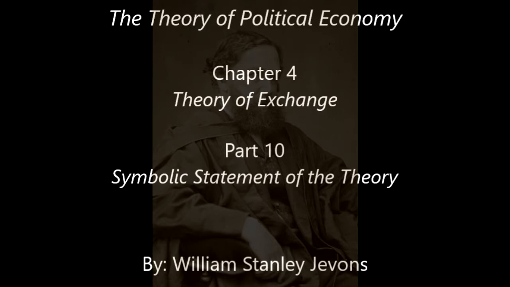Let us now suppose that the first body, A, originally possessed the quantity a of corn, and that the second body, B, possessed the quantity b of beef. As the exchange consists in giving x of corn for y of beef, the state of things after exchange will be as follows. A holds a − x of corn and y of beef. B holds x of corn and b − y of beef.